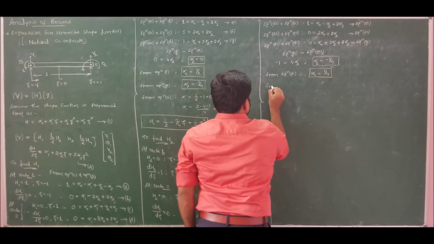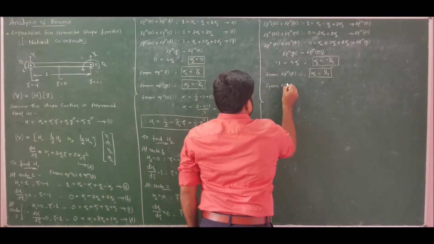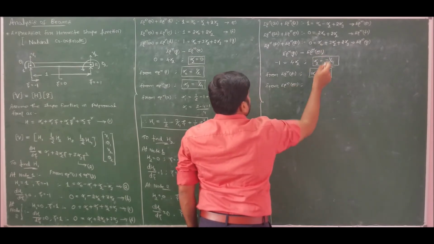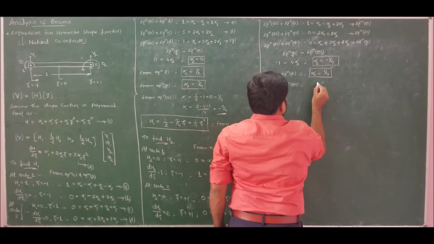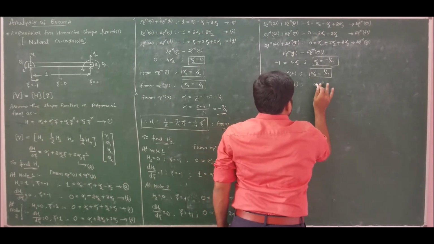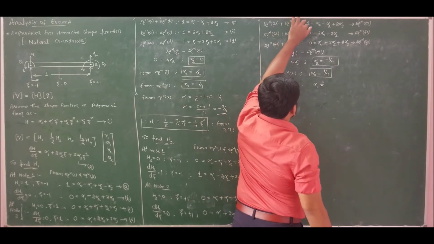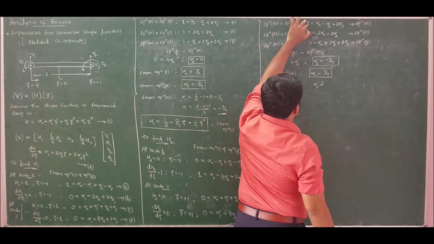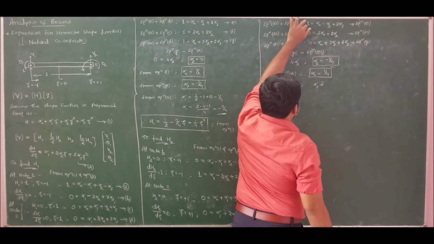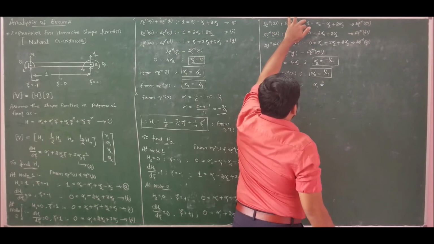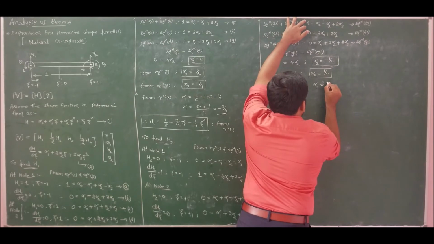Next, from equation E1, I get the value of alpha 3 as alpha 3 is equal to 1 by 4 plus 1 by 4. So therefore 1 by 4 plus 1 by 4 is 2 by 4, that is 1 by 2. So 1 minus 1 by 2 is 1 by 2. 1 by 2 divided by 2 is 1 by 4.